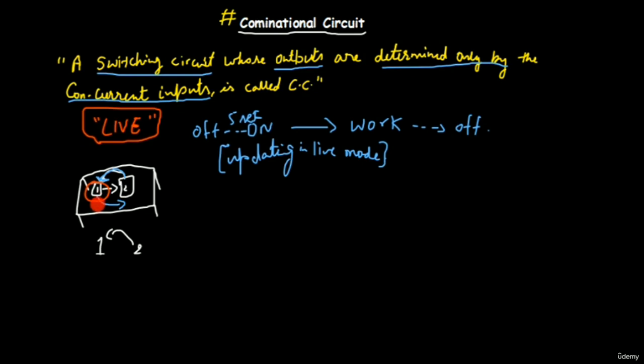It means it's working in live mode. On the same space only one book can exist, either book number 1 or book number 2. So we put book number 2 in place of book number 1, and that is known as a combination circuit. We keep on updating things on the basis of concurrent inputs. I hope I made my point a little better clear.